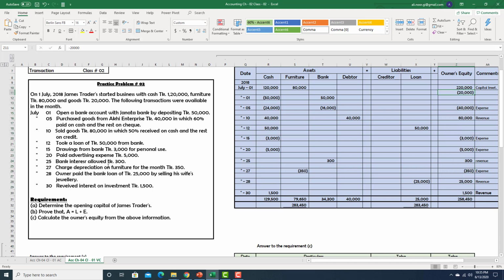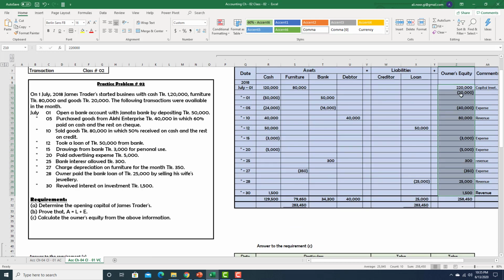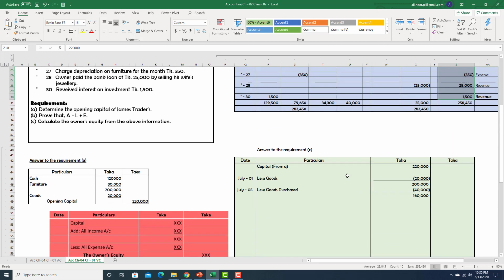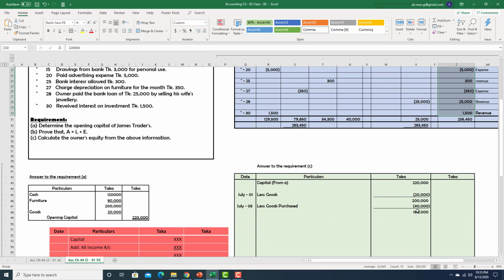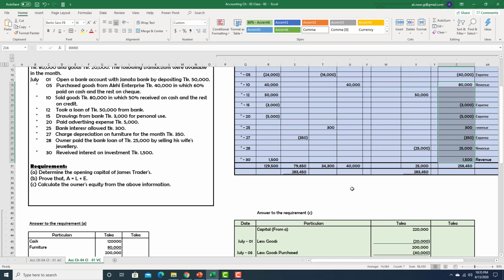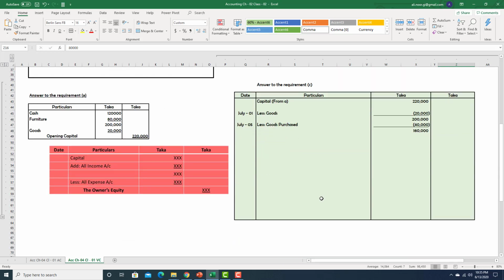So just follow these values and put them according to these particulars, and you will definitely get the total owner's equity. So till the 40,000 purchase I have done, so I need to put these values into requirement C with definite particulars.